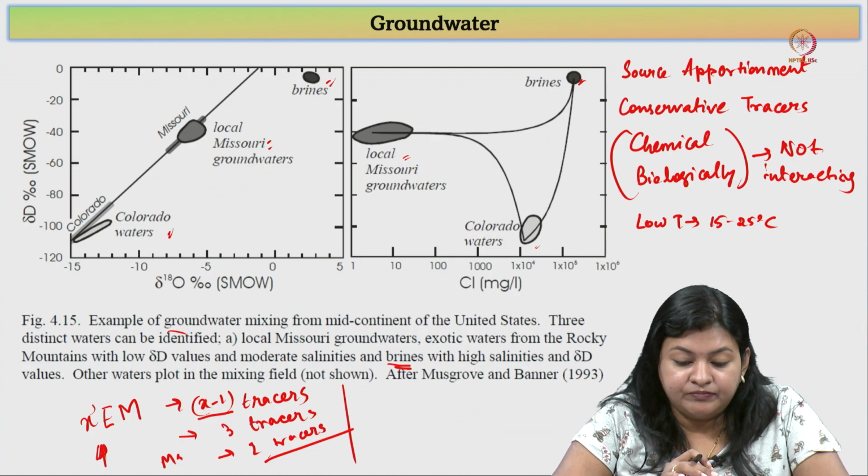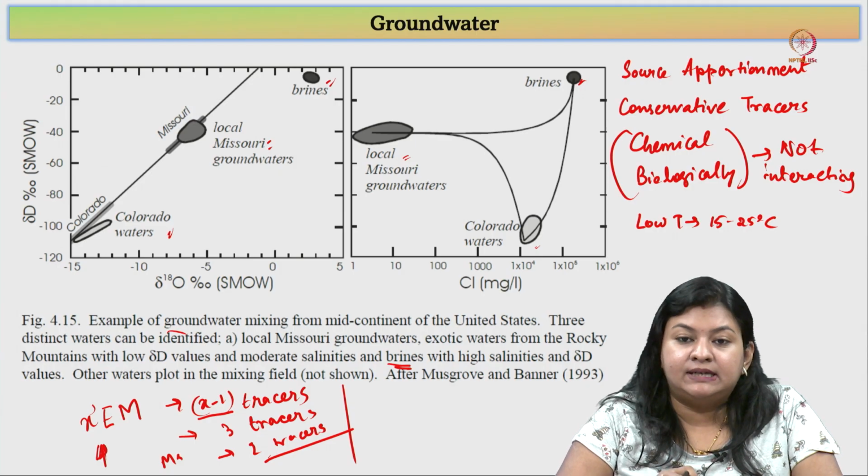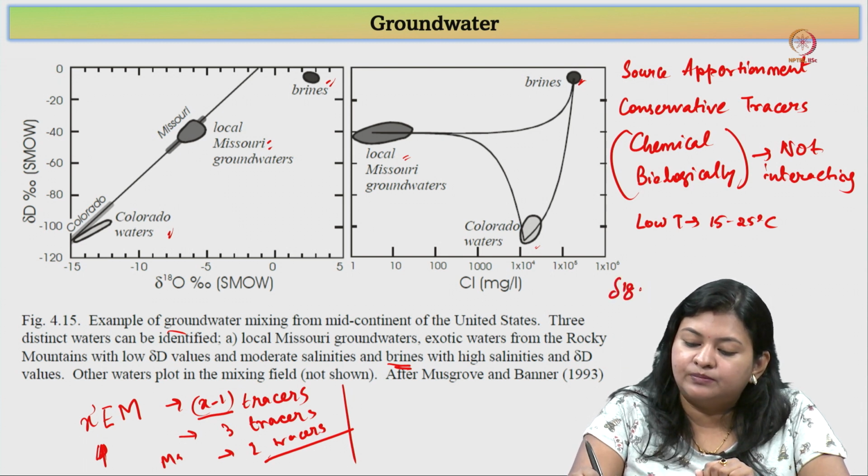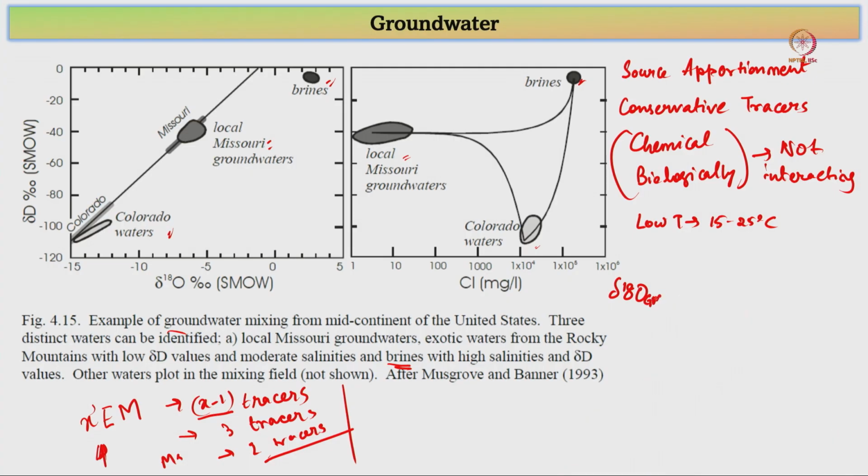Either we use the delta 18O and the chloride, or we use the delta D and the chloride, and then try to solve equations where we write delta 18O of the groundwater that we are trying to understand is equal to the fractional contribution from Colorado water times the delta value of Colorado water, plus the fraction of brine times the delta value of brine, plus the fractional contribution from the local Missouri groundwater times the delta 18O value of the local Missouri groundwater.